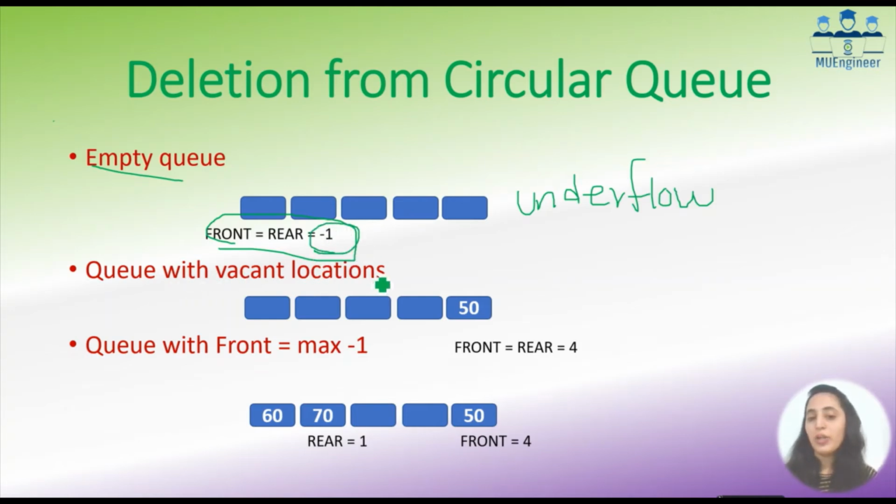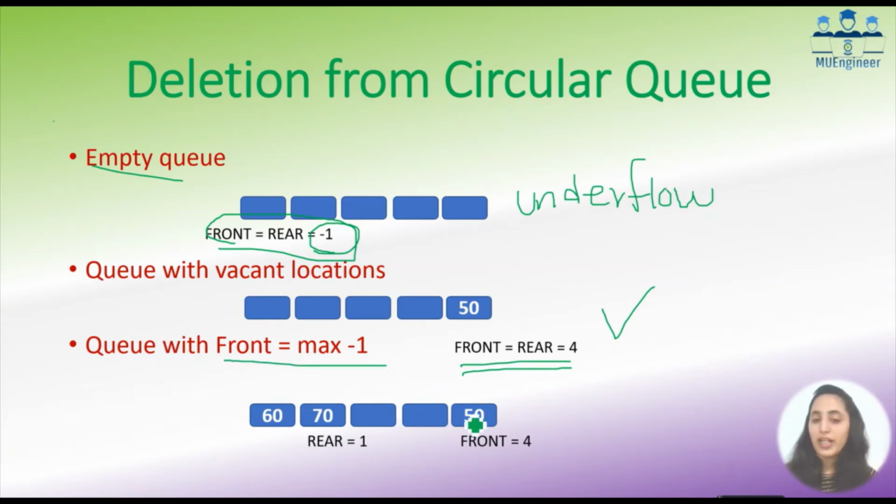When your queue has values, if my front and rear are both at the same value, but it is not -1, then I have only one value and I can delete that value. So now deletion is possible, and that's why we say there is a place.